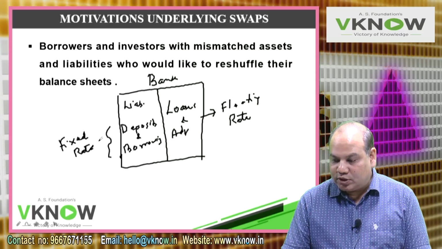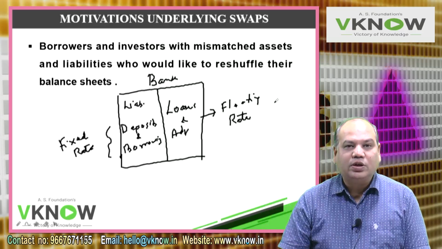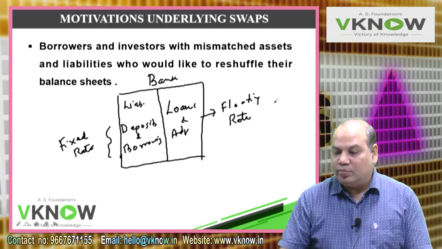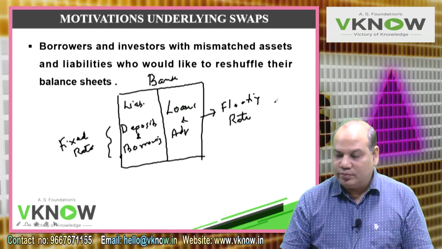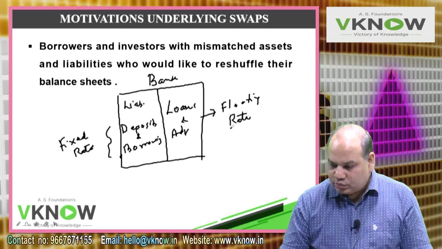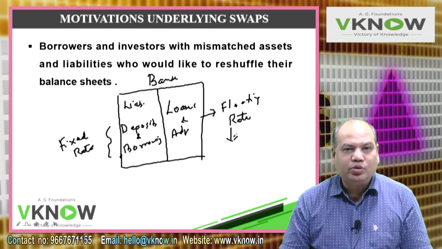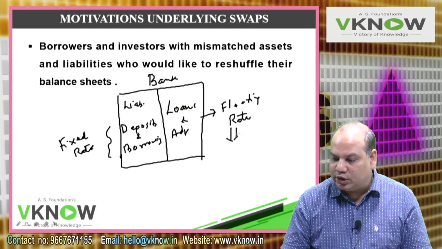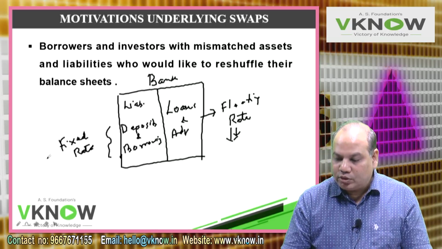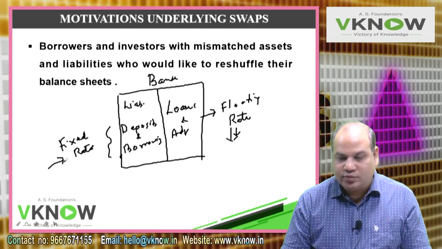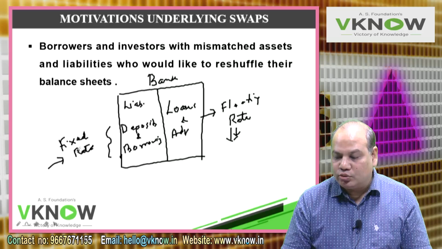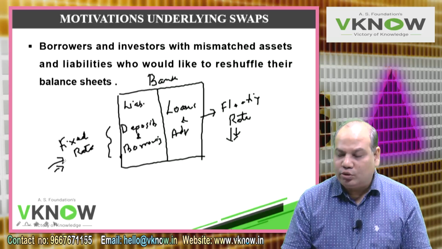Now for some reason the rate of interest has gone down. RBI has reduced the interest rate. So you will also have to reduce the interest rate which you charge your customer because it is linked to, let's say, the RBI rate, but your borrowing is at a fixed rate. So this will cause a loss to the bank. So how do you reduce or eliminate your loss?